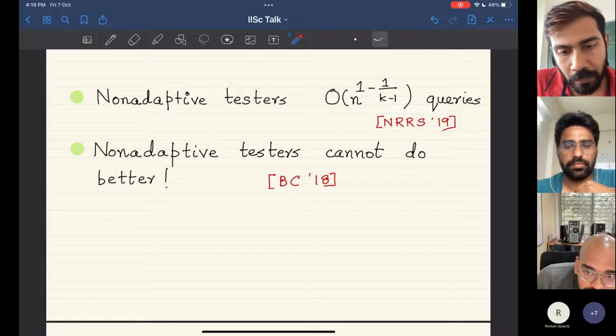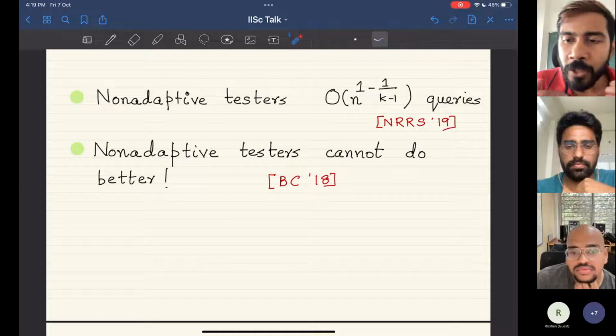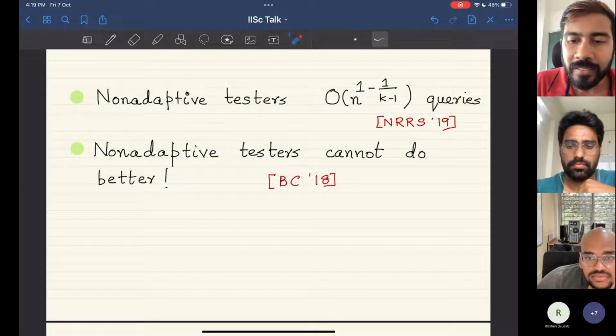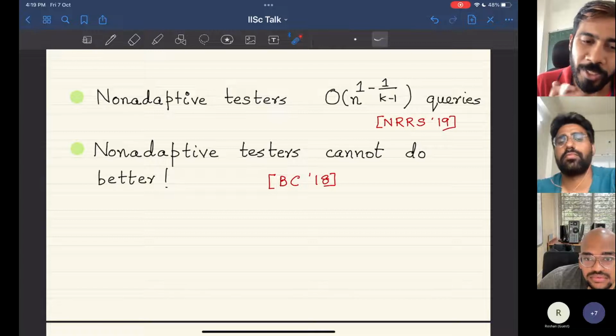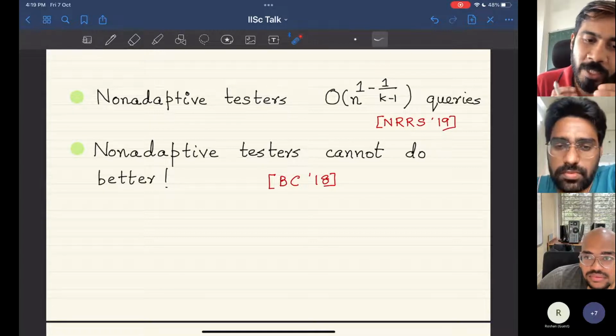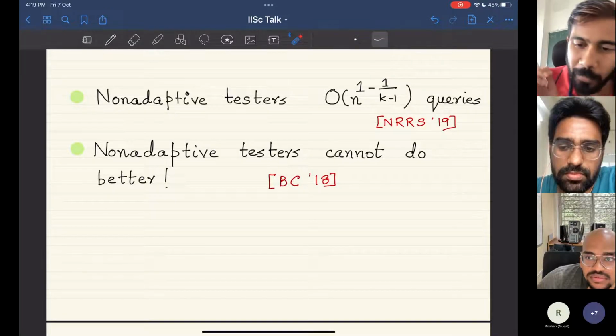This bound is tight. So with non-adaptivity, you cannot hope to do anything better than near linear. It's sublinear, but very close to linear. This is not the kind of complexity that would be truly sublinear, right?